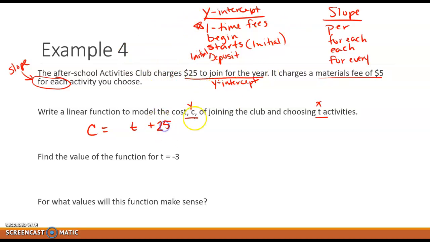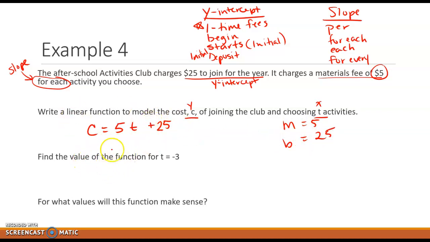So we have plus 25, and then it charges a materials fee of $5 for each. So $5 is my slope. So I knew that M was 5 and B was 25. And so then this is what my equation becomes.